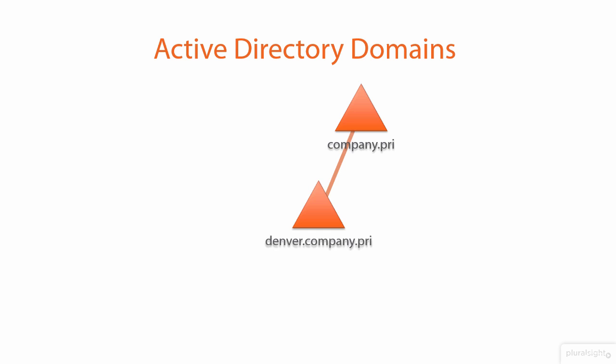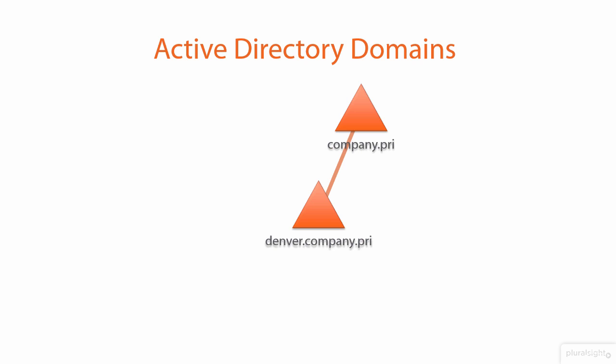So, for example, sub to my company.pri domain, it is entirely possible for me to create another domain that sits below. This other domain, denver.company.pri, is one that perhaps was created for one reason or another. Maybe it's a different company called Denver. Maybe it's a different group of people that want to have their own consolidated set of users and computers and resources. They want their own boundary to be different than the root domain there with company.pri.